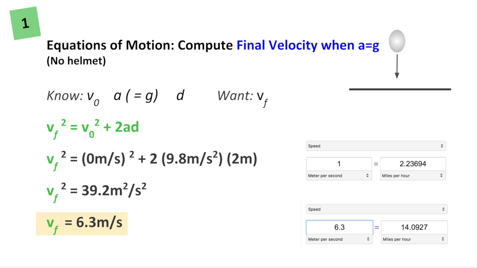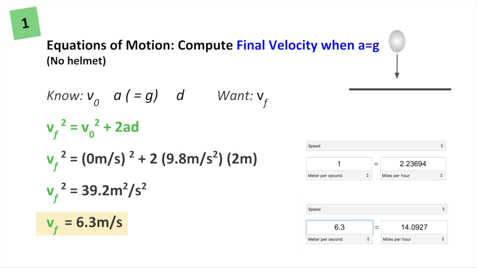What do I do to each side in order to isolate the variable of final velocity? I need to take the square root. And that also, as you can see, makes the units work. So final velocity is equal to 6.3 meters per second.